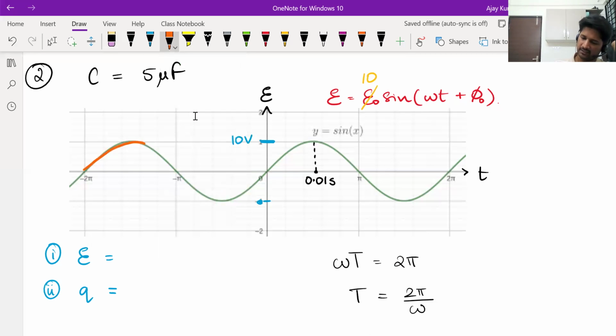For this part, from 0 to positive extreme to negative extreme again to 0, this part keeps repeating, right? Look at the graph and tell me what is the duration of each of these parts.